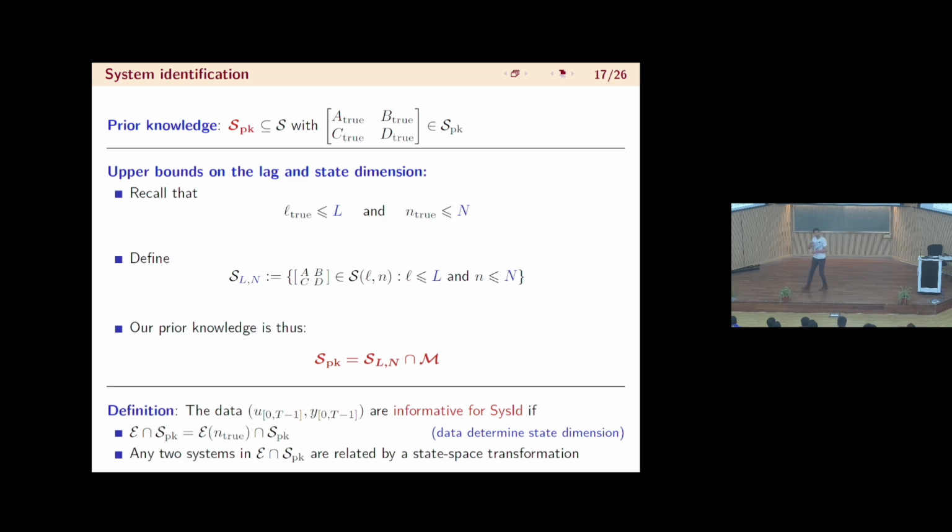Because if these two properties hold, from item 1, I'm able to identify the state space dimension of the system. And then by item 2, I'm able to identify the true system up to a state space transformation. That's the reasoning.